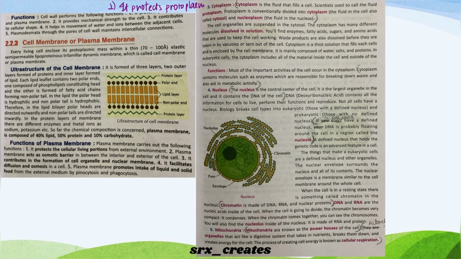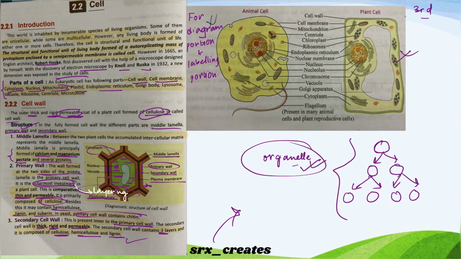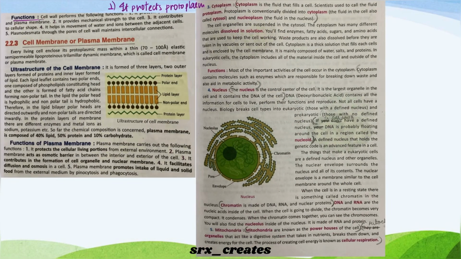Now the functions of cell wall are, it protects protoplasm. As you can see, this is the cell wall and it is protecting this intercellular matrix, so it works as the protection of protoplasm and plasma membrane, right? Now it provides mechanical strength.